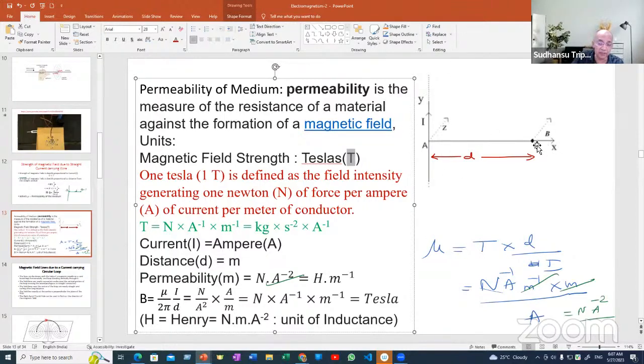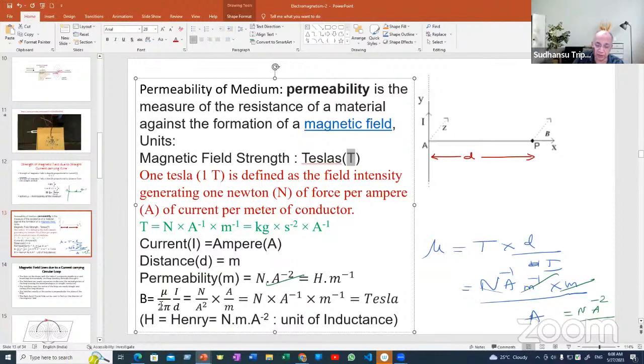Then at any point P, if it generates 1 Newton force, then the field at that point is 1 Tesla. That is why the Tesla unit is Newton. 1 Tesla is equal to 1 Newton per ampere per meter.